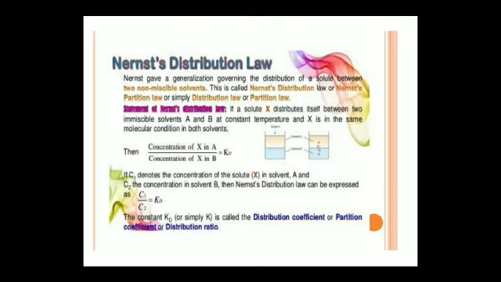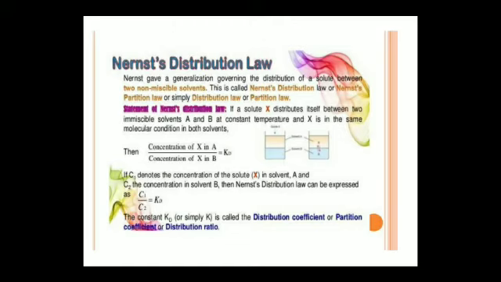X can be transferred from one solvent to another solvent. So the distribution coefficient can be given by the following equation: concentration of solute X in solvent A by concentration of solute present in solvent B.